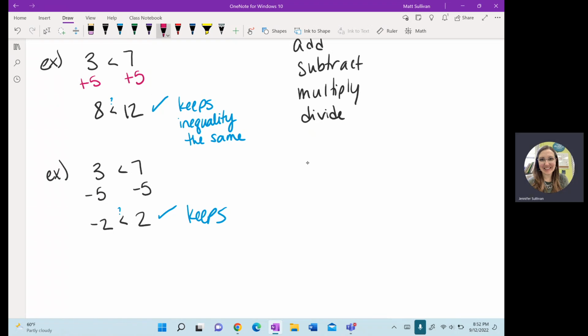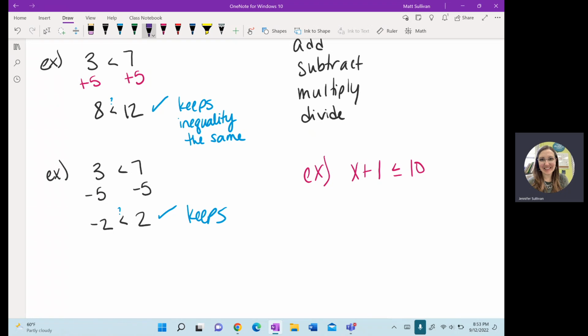Okay, so what this shows us is that when we are adding and subtracting, it's not going to change my inequality symbol. So if I come over here to a new example and I say something like x plus 1 is less than or equal to 10, and I ask you to solve for x, you know how to do this already. We think undo, just like we did in the last chapter, where I see that I'm taking x and I'm adding 1 to it.